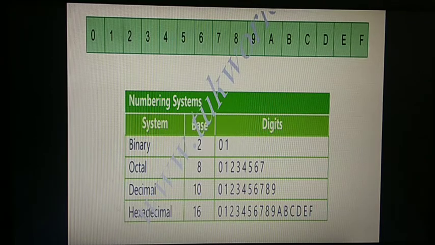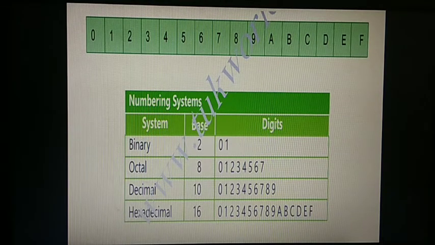In decimal the total number of digits is 10, so the base is 10 and the digits are from 0 to 9. In hexadecimal the total number of digits is 16.